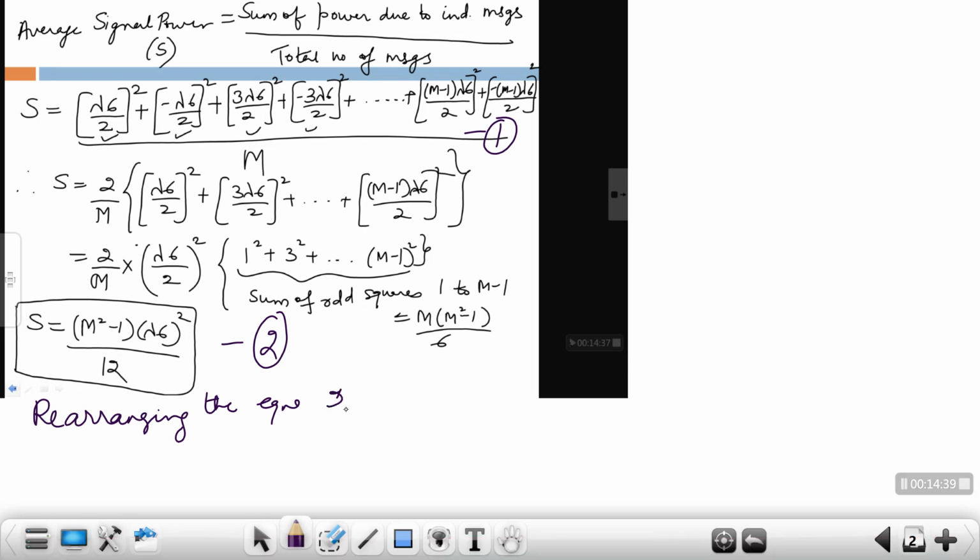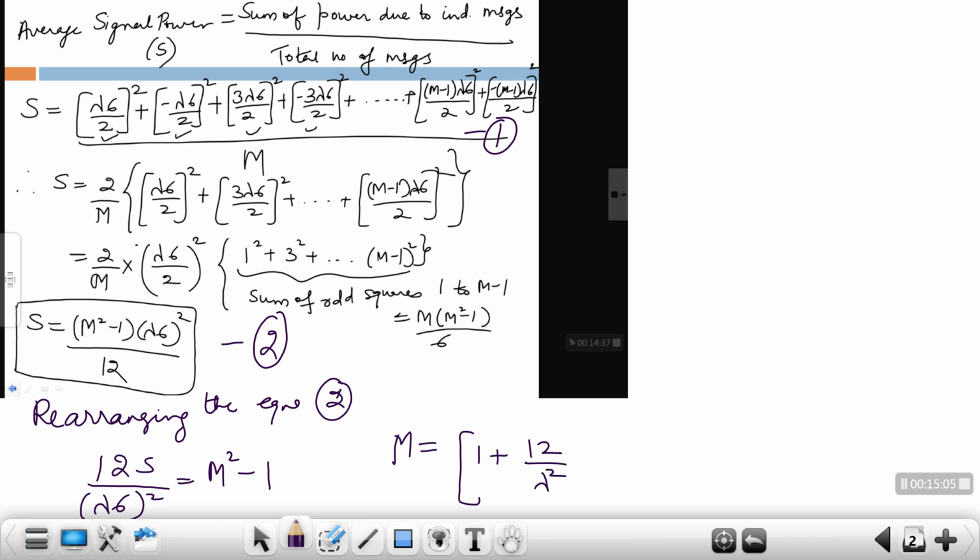Now rearranging equation number 2, I can take m on the other side, and I would be getting 12s upon lambda sigma whole square would be equal to m square minus 1. So I would get m is equal to 1 plus 12s upon lambda sigma square, raised to half.